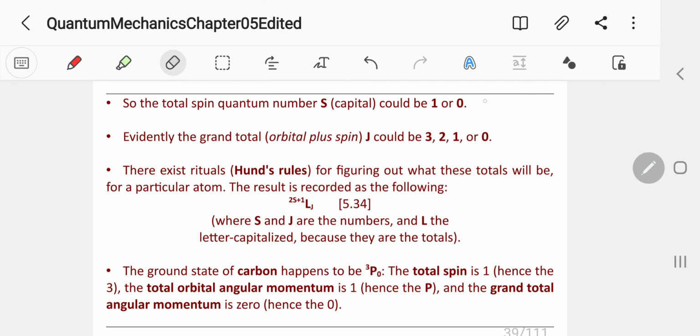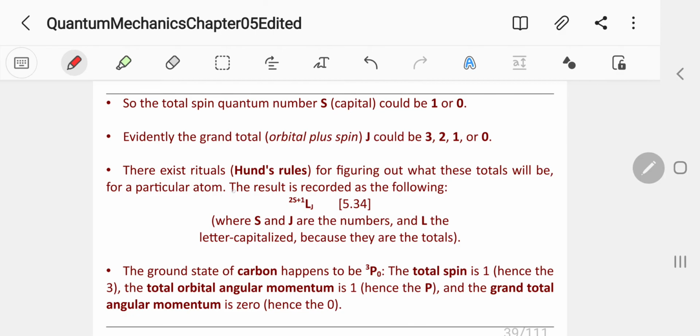So the total spin quantum number S could be 1 or 0 for carbon. Evidently, the grand total orbital plus spin J could be 3, 2, 1, or 0.